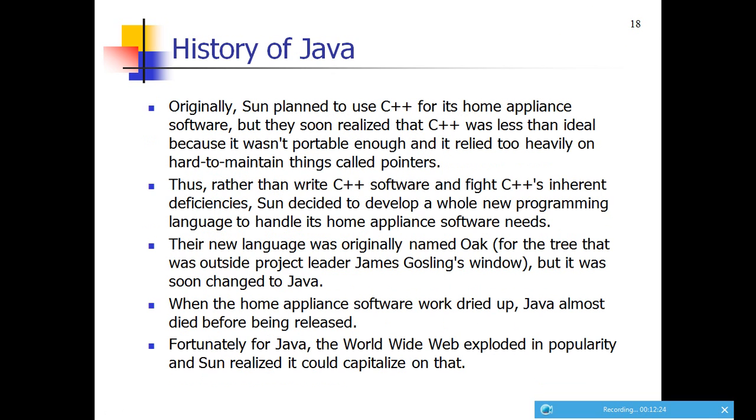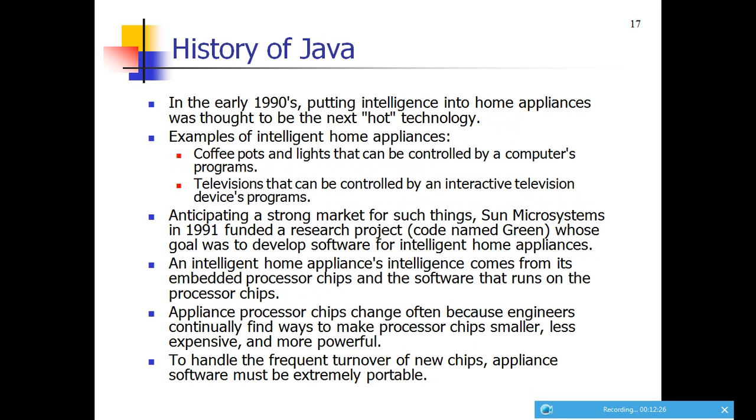Anticipating a strong market for such things, Sun Microsystems in 1991 funded a research project codenamed Green, and the goal was to develop software for intelligent home appliances.